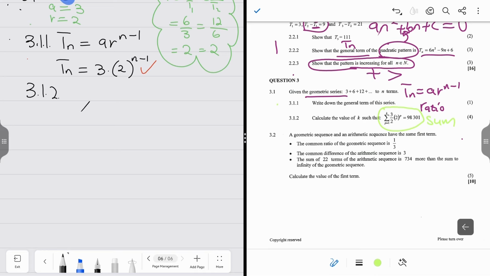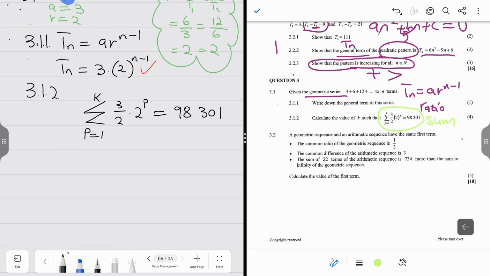We know that the sum, from p equals 1 to k, of 3 divided by 2 multiplied by 2 to the exponent p, equals 98,301.